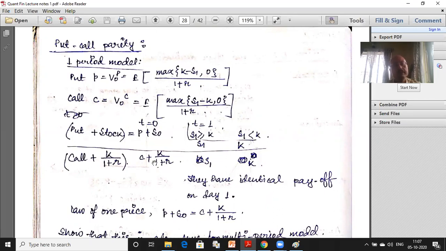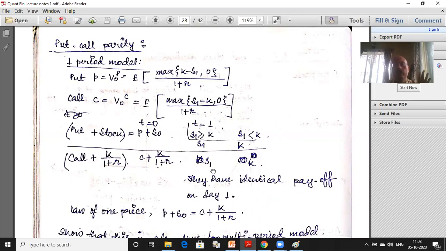In one period, this money K by 1 plus R will become exactly K, because it is in the bank and it will grow. So at T equal to 1, because the stock price is more than K, I will use my call option, and using K amount of money, I will get the stock. So the value of my portfolio will be S1.